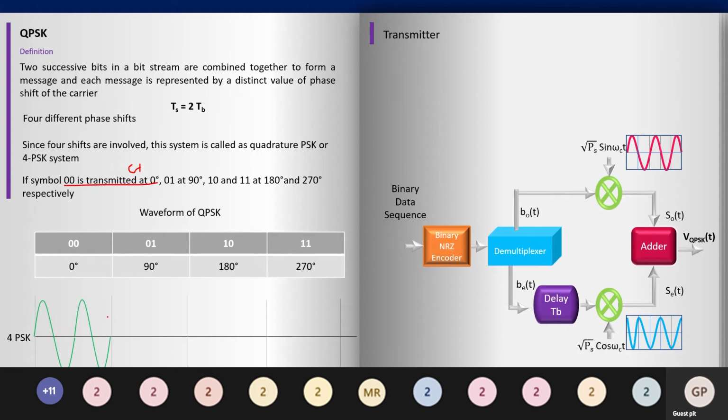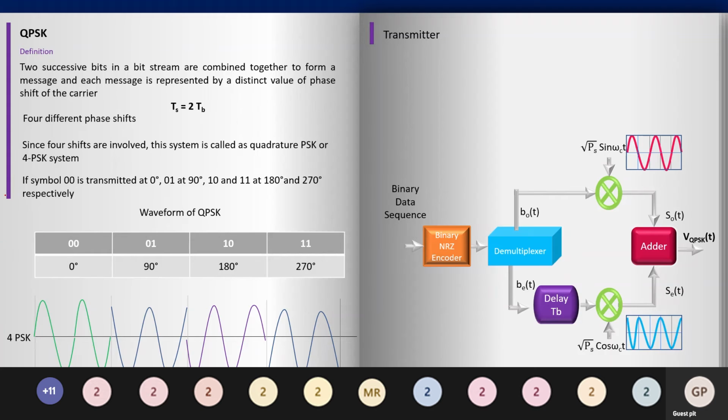Next for 0 1, as you can see, 90 degree. So sin theta plus 90 will give you cos theta. So in between, as you can see, we have formed it. 1 0 means 180 degree, that is the opposite of this sine waveform, a mirror image, and 270 means the inverse of this carrier waveform. 90 degree means the shape will be a W, inverse means the shape of an M. One disadvantage in QPSK is there is a discontinuity of the modulated waveform.